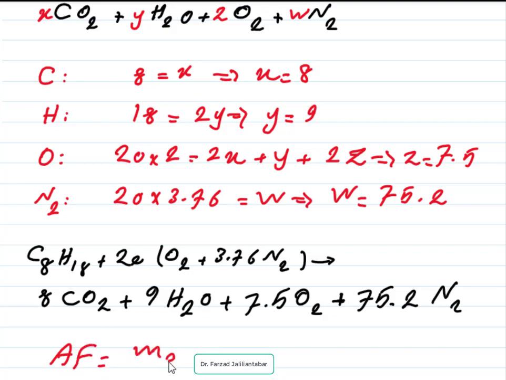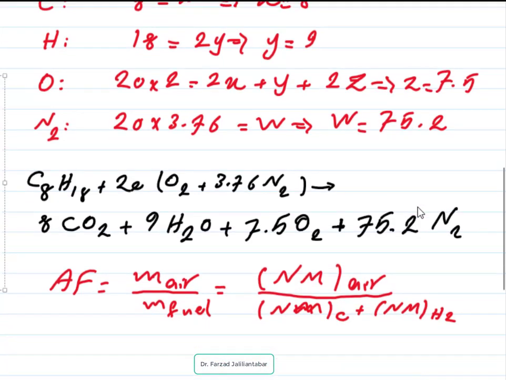We should find the mass of the air divided by the mass of the fuel, which is equal to the molar mass of the air times the mole of the air divided by the molar mass of the fuel, which here is carbon plus hydrogen, or H2.